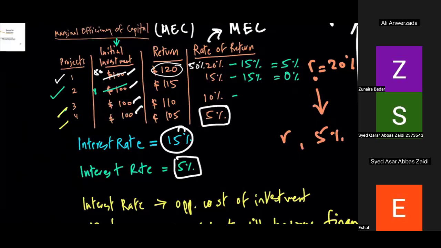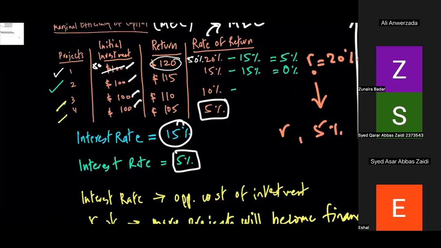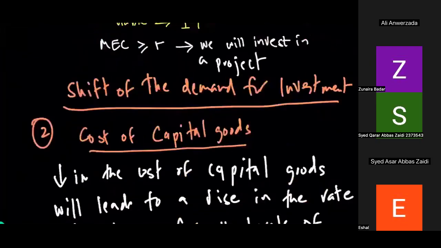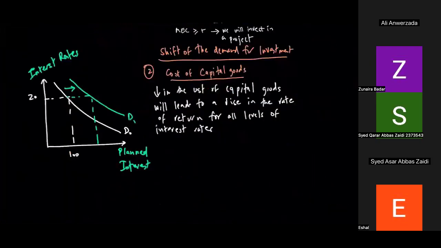So the smaller the investment amount, the rate of return will go up. Second thing, the second factor which makes the demand for investment shift to the right, number 3, will be the productivity of capital.